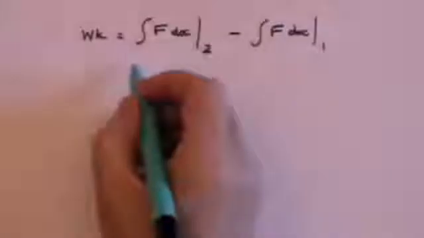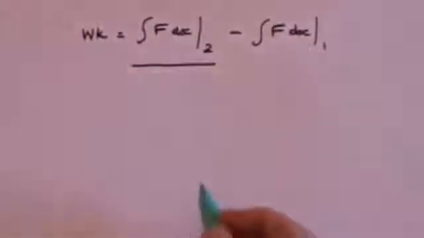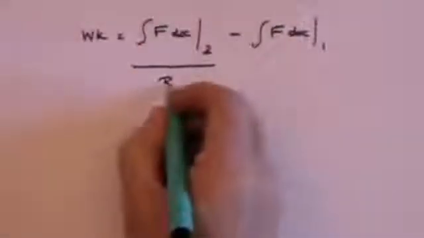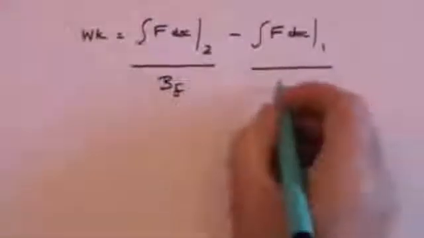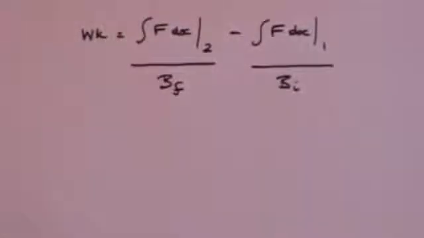Now I'm going to assign to that term the letter B final, and to this term I'm going to assign B initial. B certainly isn't anything to do with magnetic field, and as we shall see, it's simply a dummy variable that I've introduced and will not detain us long.